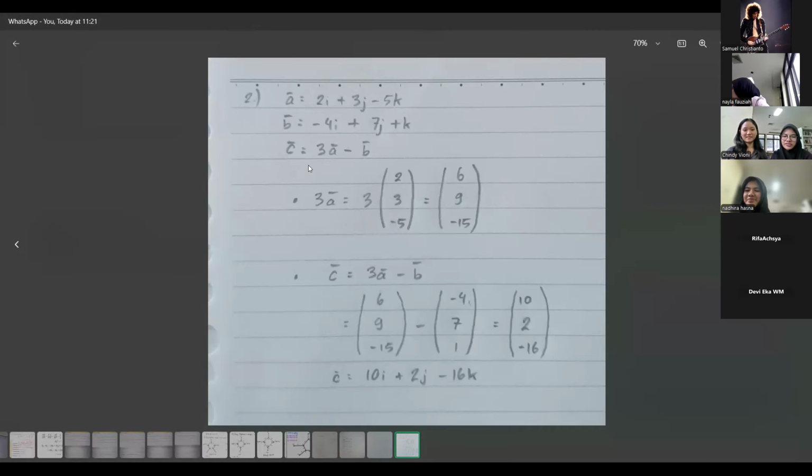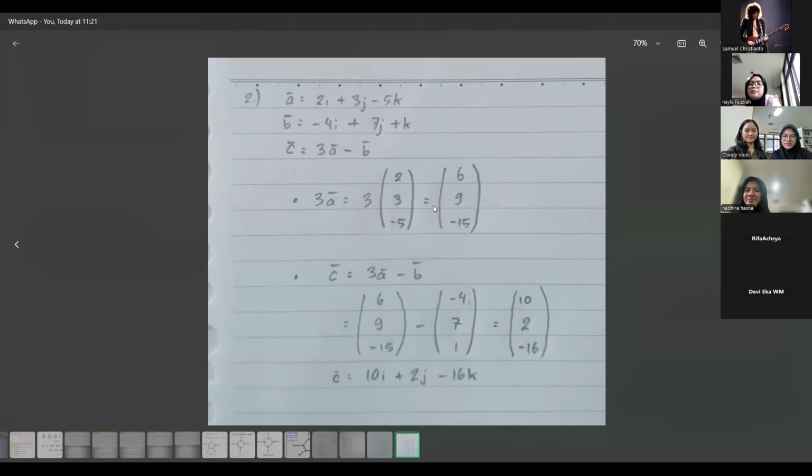Then the result for vector C, where vector C is equal to 3 multiplied by vector A minus vector B. Vector A is multiplied by 3: 3 multiplied by 2, 3 multiplied by 3, 3 multiplied by minus 5.